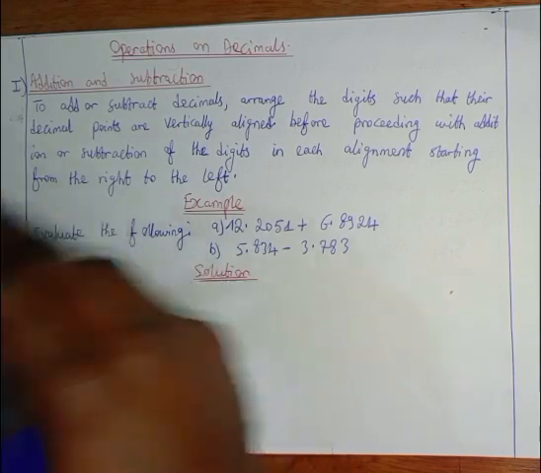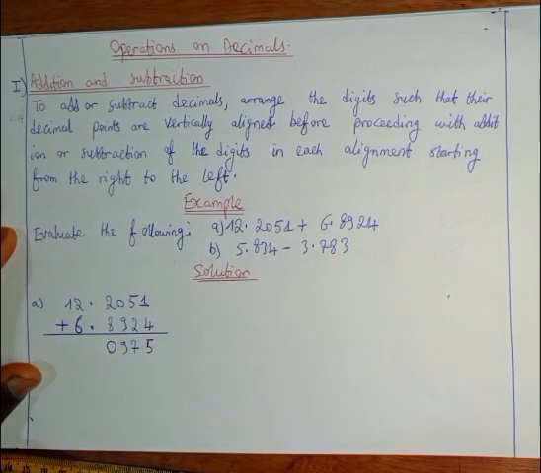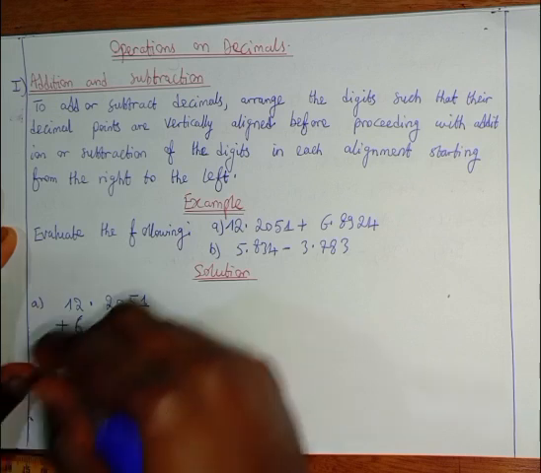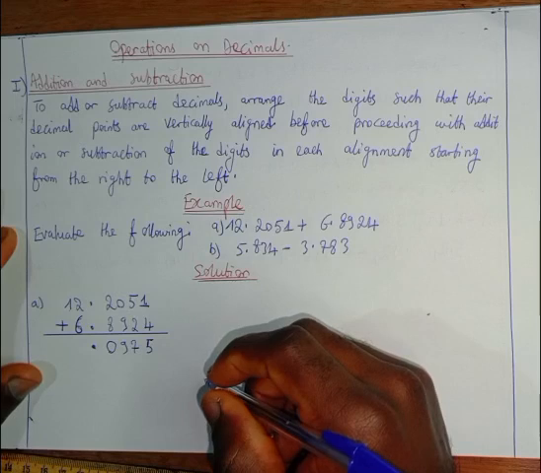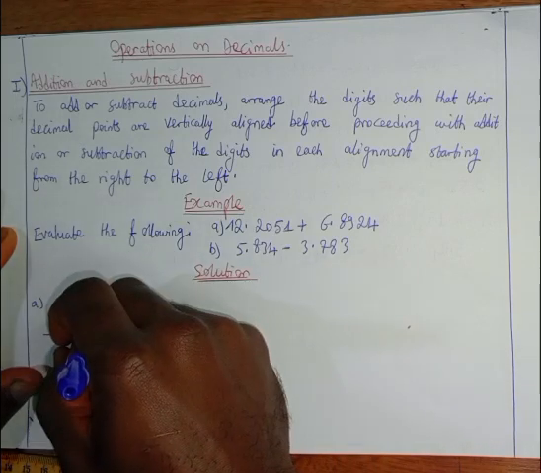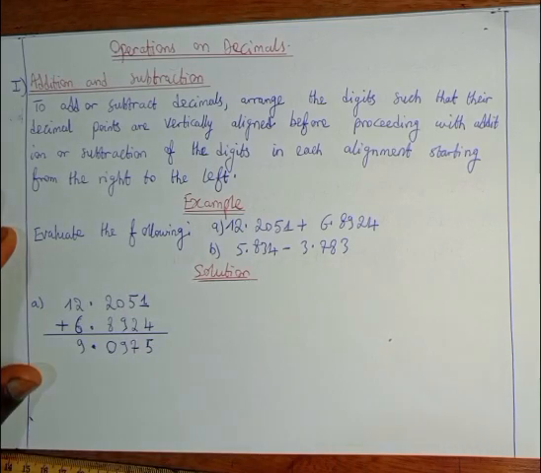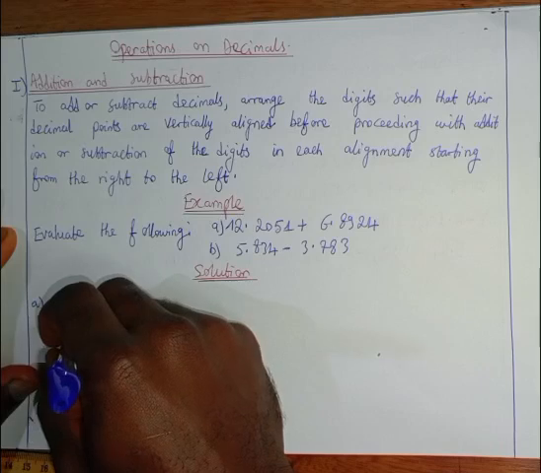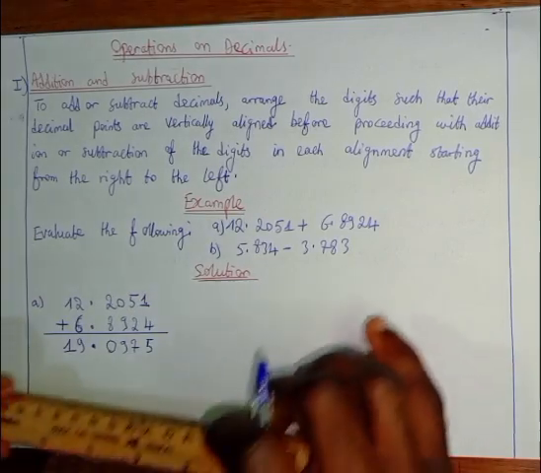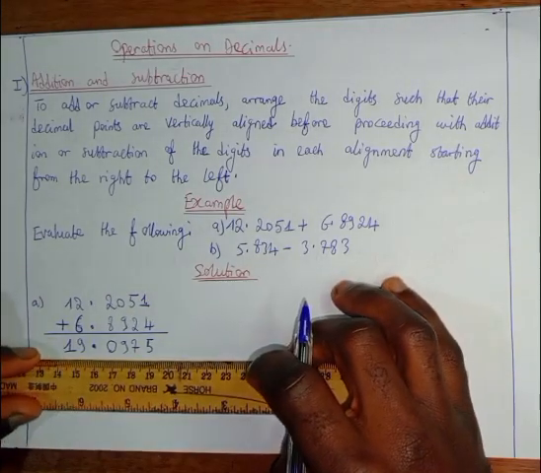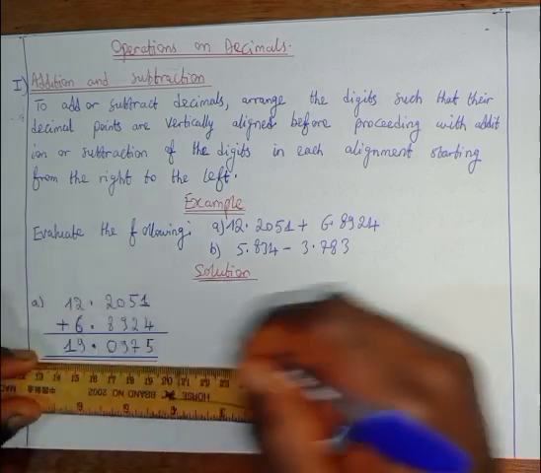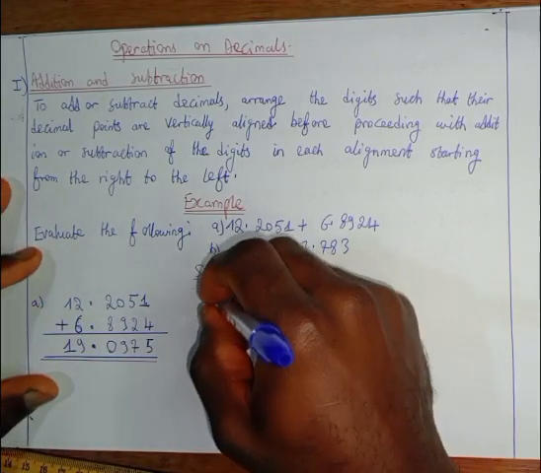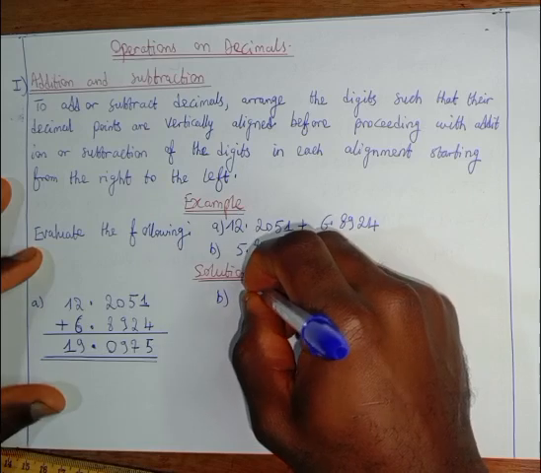We carry the 1 to the next higher place value. So we bring down this decimal point. 2 plus 6 gives us 8, plus the 1 is 9. 1 plus nothing remains 1. So the answer will simply be 19.0975.